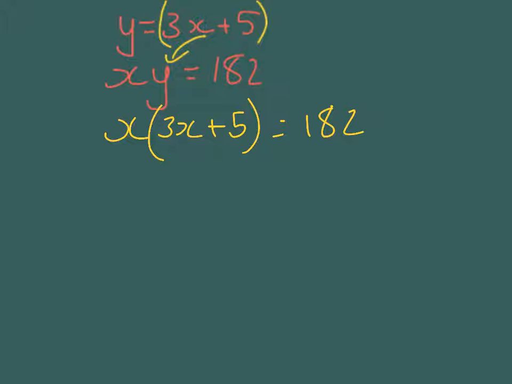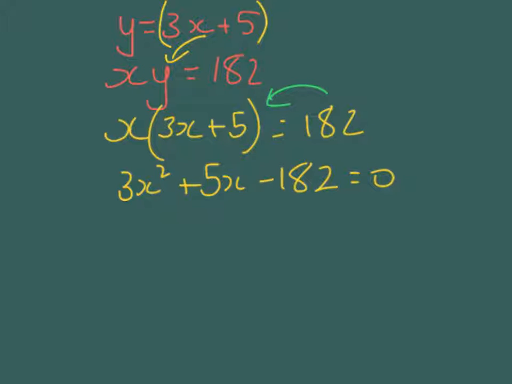Now we expand that out. So 3x squared plus 5x. I'm going to bring the 182 over, minus 182 equals 0.